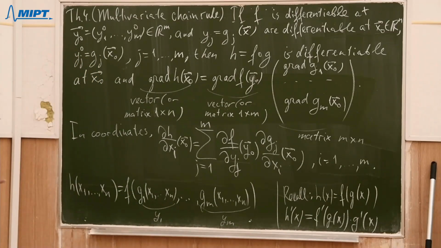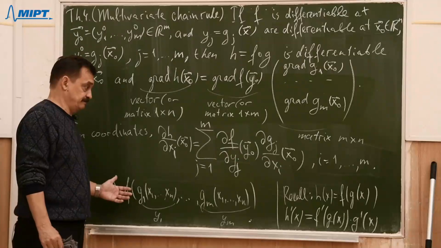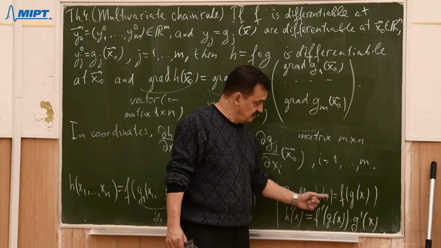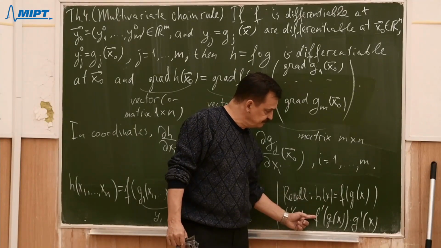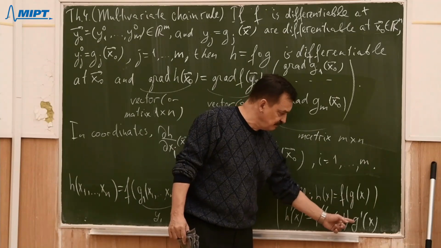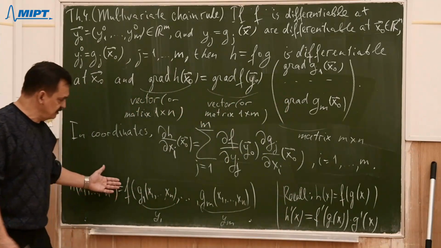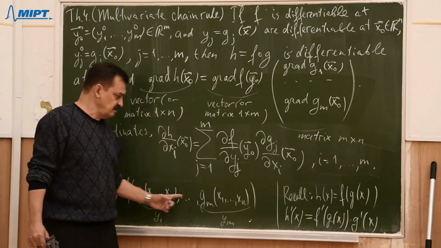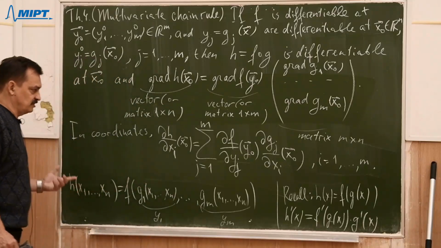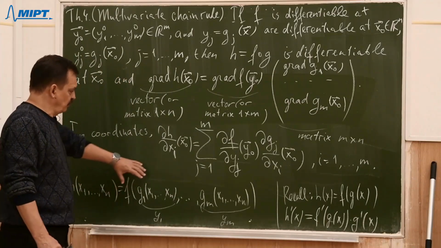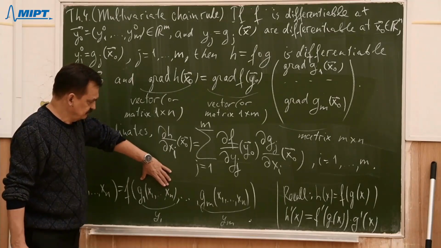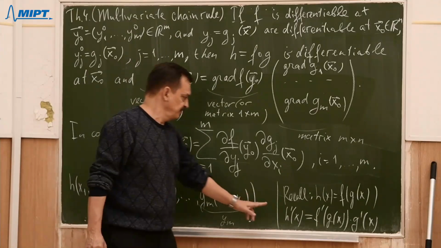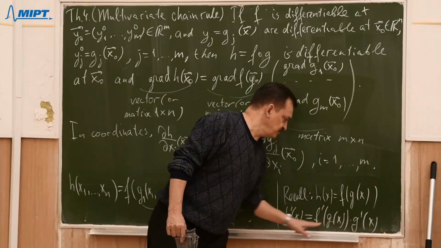Now look what happens for several variables. For one variable, we took the derivative of, firstly, the outer function, and then multiplied by the derivative of the inner function. But now you see, we have one outer function, but we have many inner functions. So it means that we proceed like for one variable. Each term here in the sum is like it was for one variable.